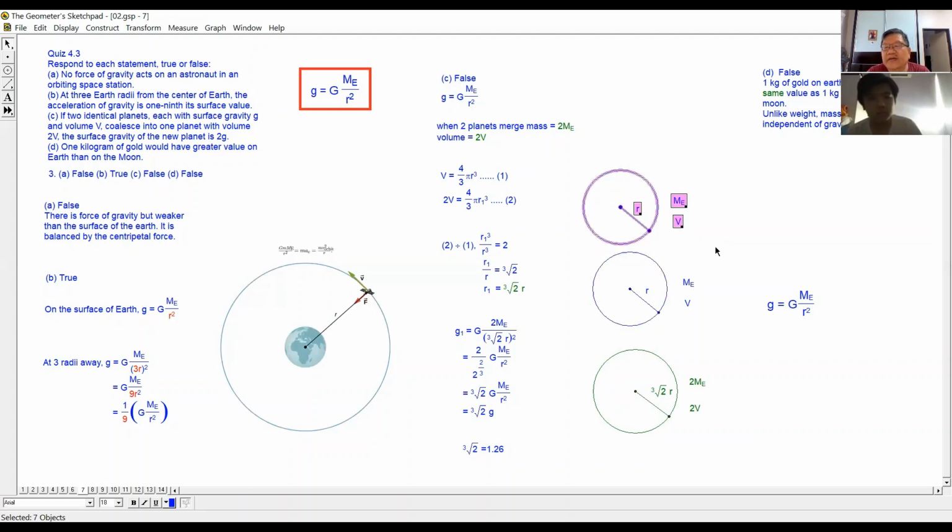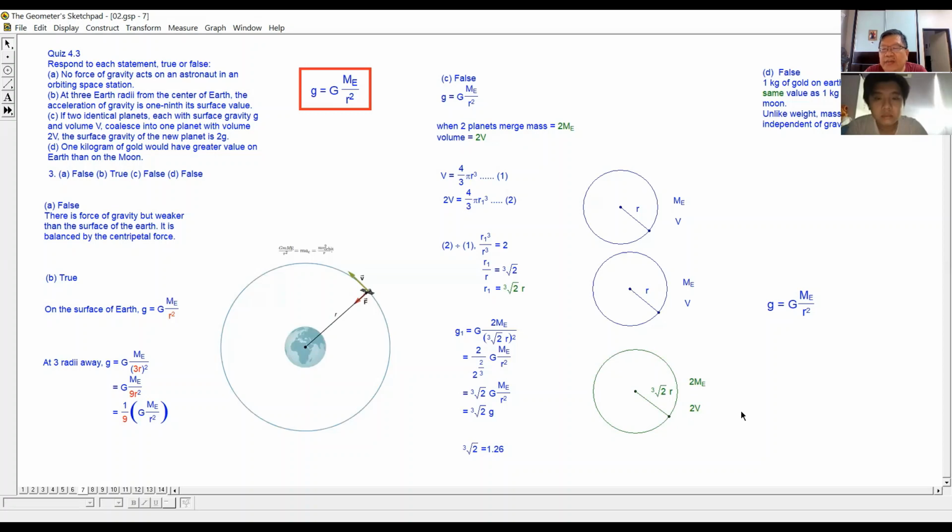One is this, with radius r, mass m, and volume capital V. Merge with another planet like this, radius r, mass m, and the volume is V. So these two blue identical planets, I merge them together to form a new bigger planet.